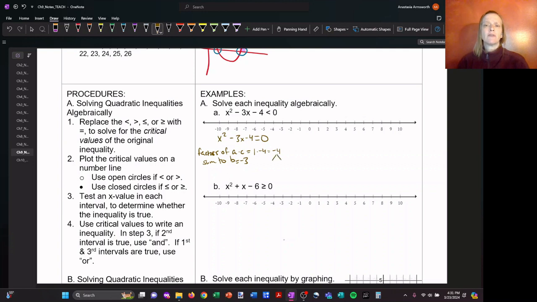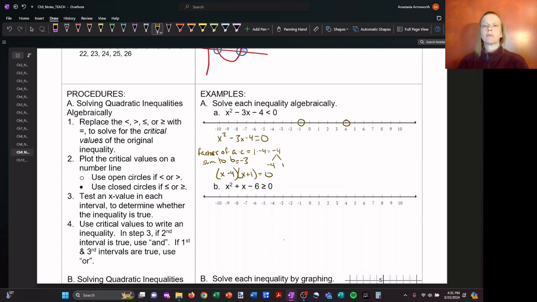So my factors of negative 4 that add up to negative 3 would be negative 4 times positive 1, and then negative 4 plus 1 equals negative 3. So if I factor this as x minus 4 times x plus 1 equals 0, then my x values are going to be positive 4 and negative 1.